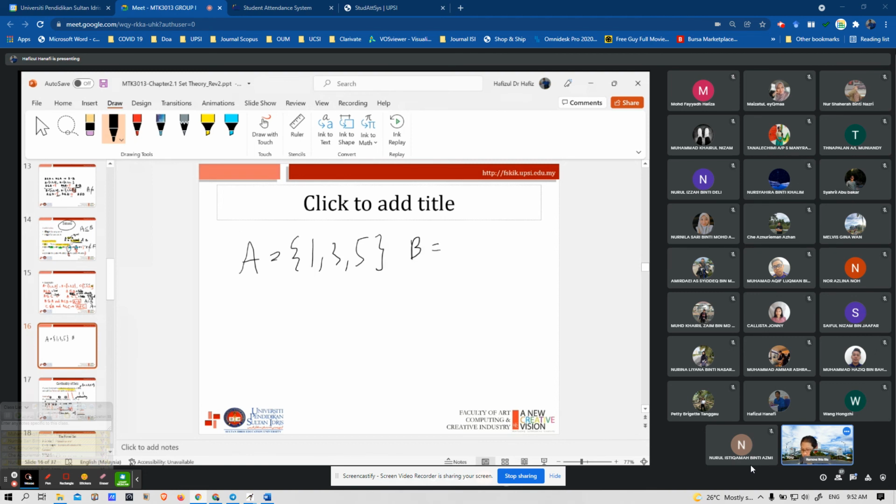Then we have B. Here we can say that B is a proper subset of A, because all of the elements in B are in A.